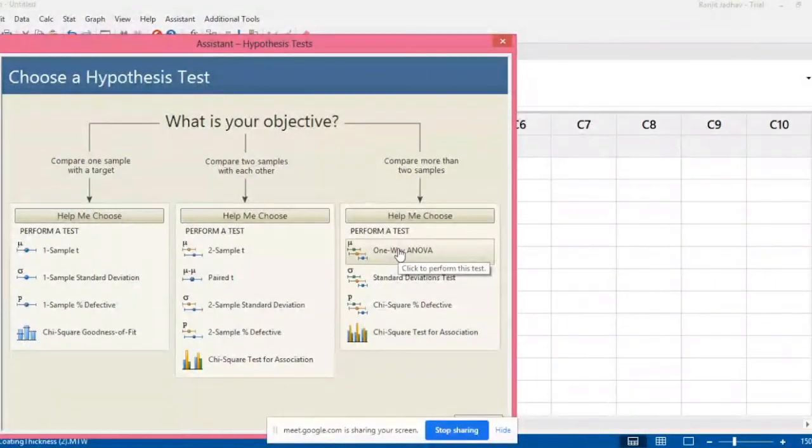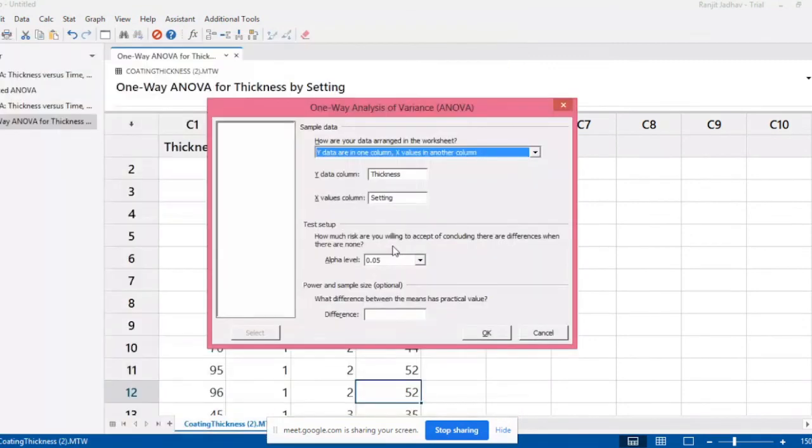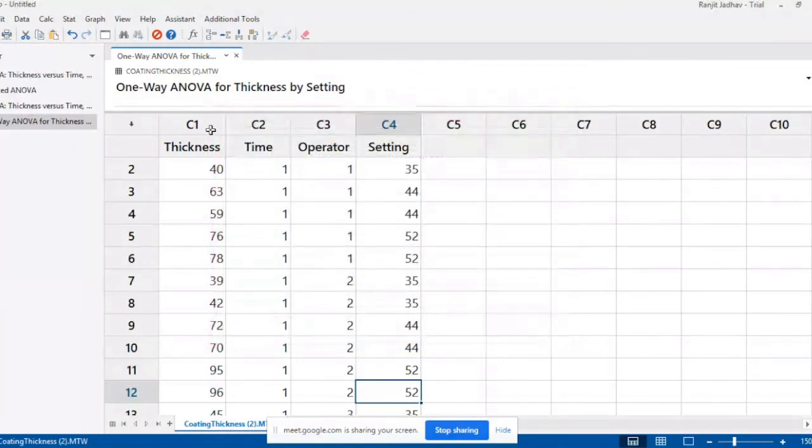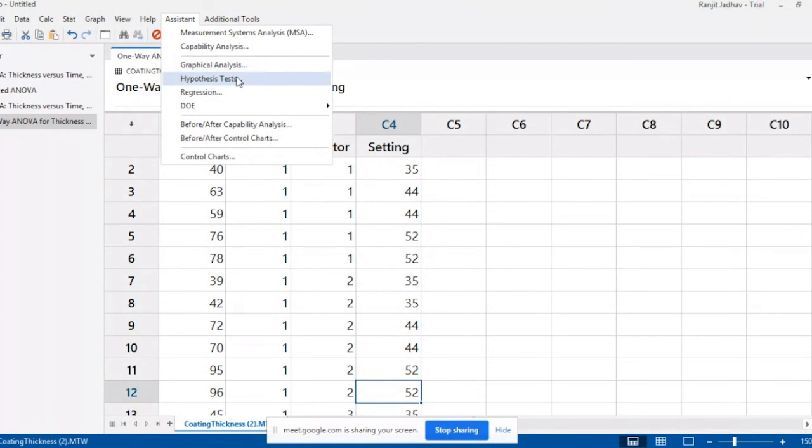So choose Help, then compare more than 2 samples. So you can use this test. Then we have to put in some data. Data you have to put in afterwards. Okay, sir. Thank you so much.